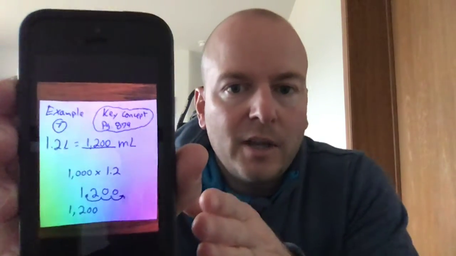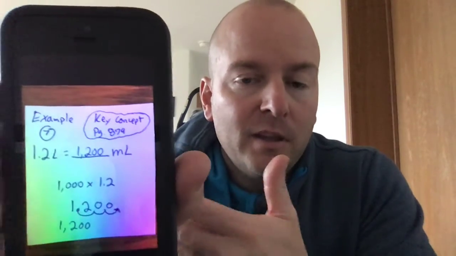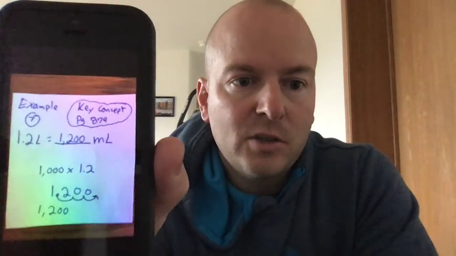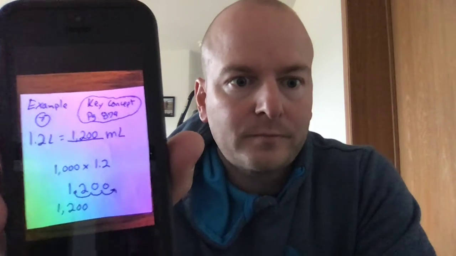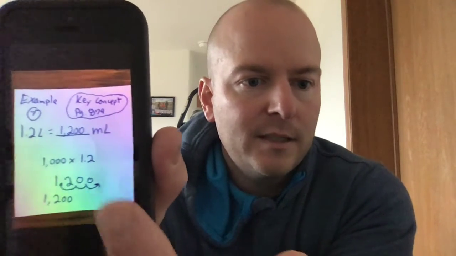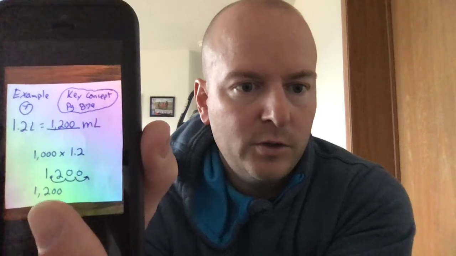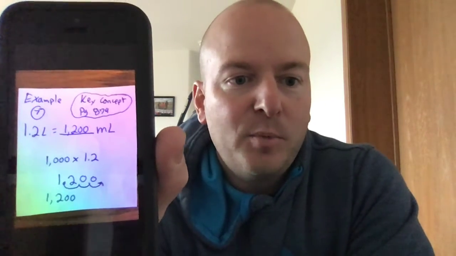I don't know if it's obvious, but you have to write down that there are more milliliters. The milliliter number is bigger. 1,200 is bigger than 1.2. So you just do the 1.2, and you move that decimal 3 places. You go 1, 2, 3, and then you put your comma in there.